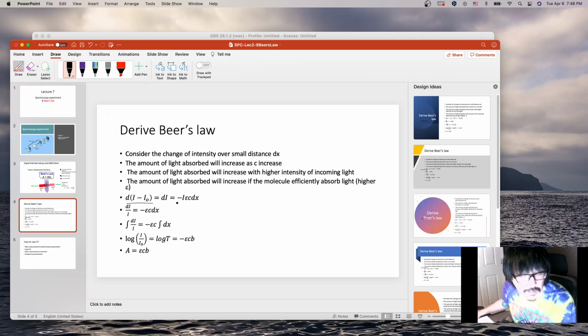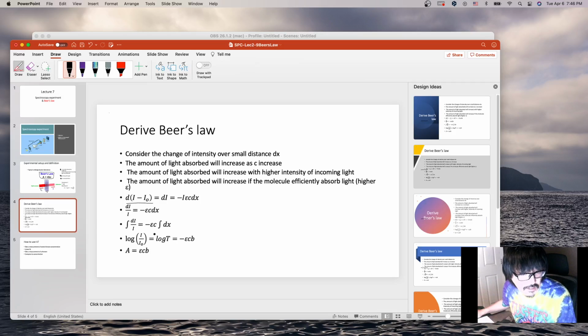And then that's equal to the negative times the amount of light that goes into it, times the molar absorption coefficient, that's the tendency of light being absorbed by the molecule, and then the concentration, and also the path length, but for this particular case, it's a very short distance, so it's dx here. And then I'm going to separate the variable I on the left hand side and x on the right hand side. So we have dI over I on the left hand side, and everything else on the right hand side.